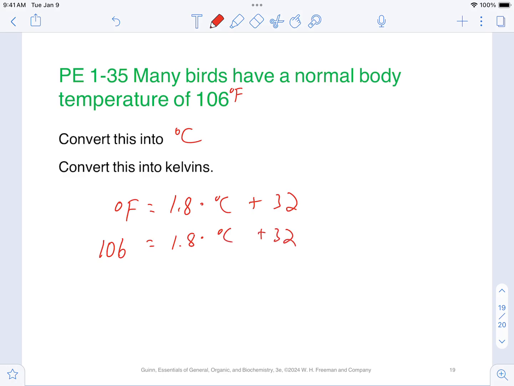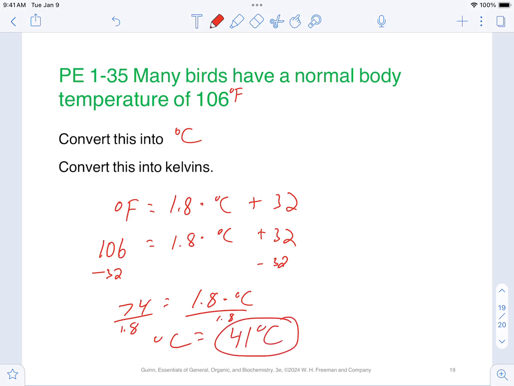And then it's just an algebraic equation where you would subtract 32 on both sides and then divide by 1.8. Subtract 32, what is that, 74 equals 1.8 times C. And then divide both sides by 1.8. And you get 41.1 repeating. Sig figs wise, looks like we need 2, so we would get 41 degrees Celsius.